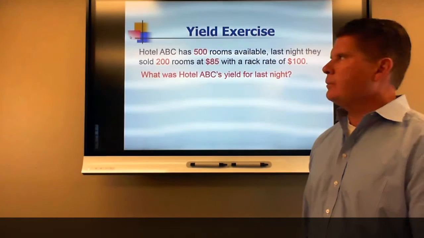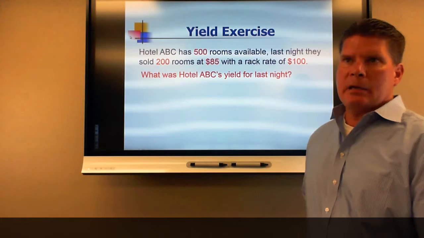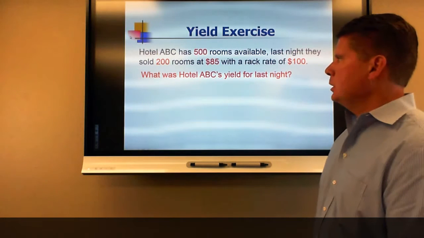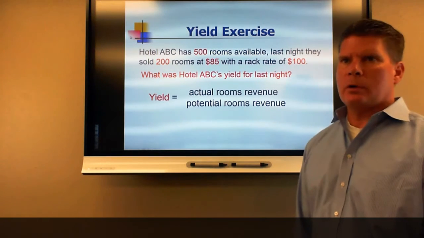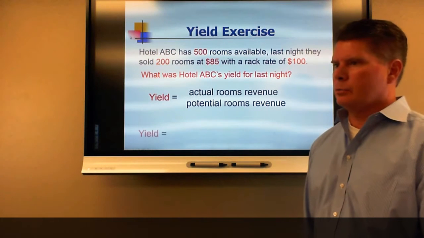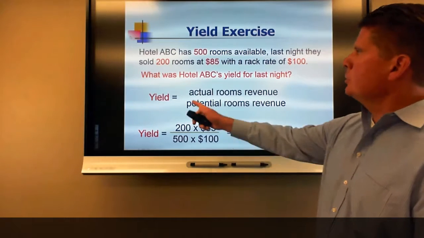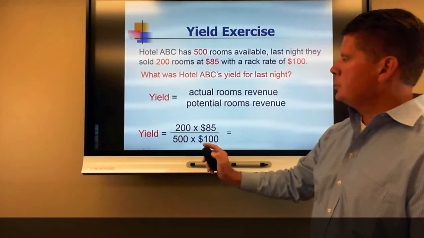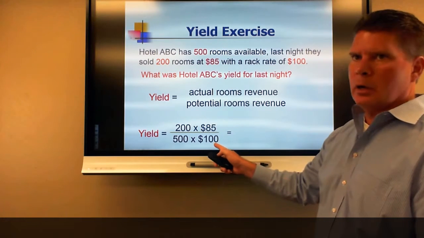So let's look at an example. If we have a 500 room hotel and last night they sold 200 rooms at $85 and there's a $100 rack rate, what was the yield for this hotel? So what we do is take our total revenue and divide it by our potential revenue. Our total revenue was the 200 rooms times $85, but our potential revenue is 500 rooms times $100.